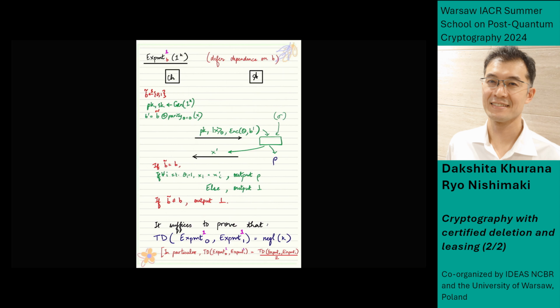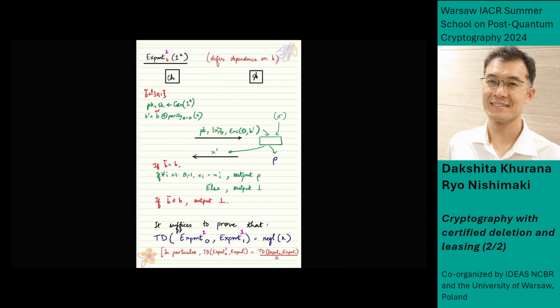Yes, okay. So now let's consider the next experiment. We choose a bit b tilde at the beginning of this experiment, and instead of using b, which is the original plaintext, we use b tilde for the masked ciphertext.